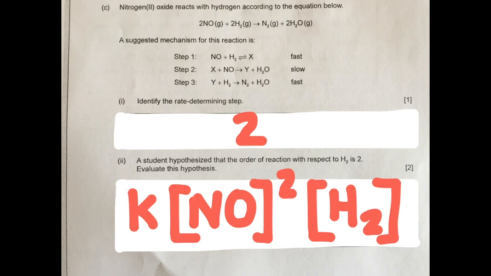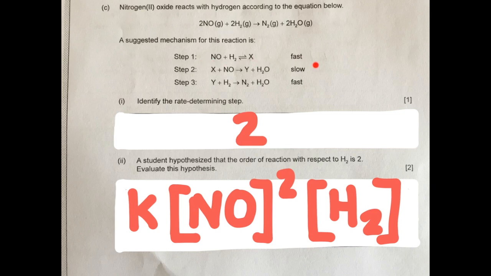But this rate expression can only be derived from experimental evidence, which can allow you to determine the rate determining step. And when you determine the RDS, then you must analyze all of the steps, always remembering that going into the rate law, you can only have entities that are shown as actual reactants in the summary equation. So X cannot be a part of the rate expression or the rate law.